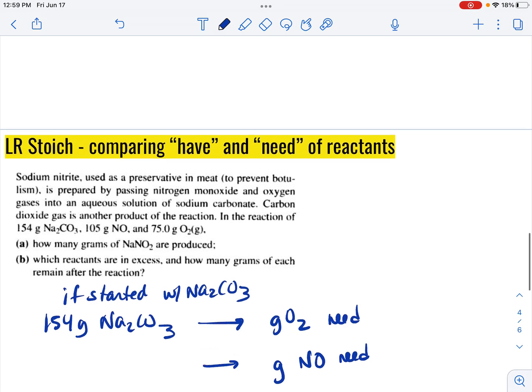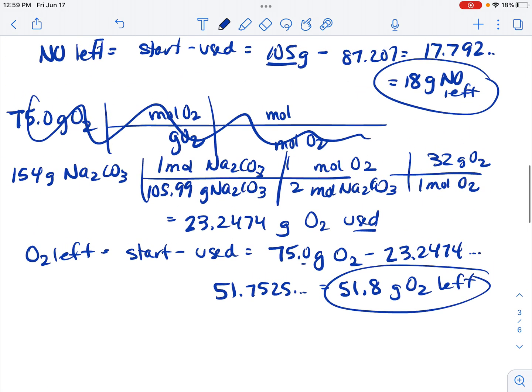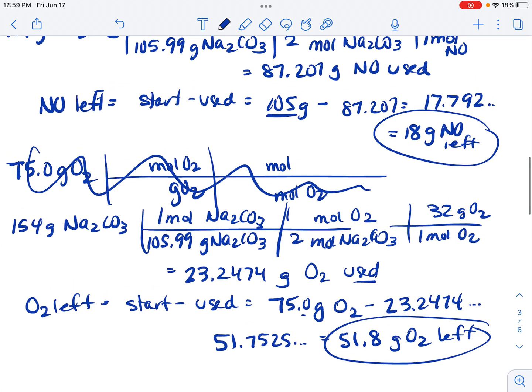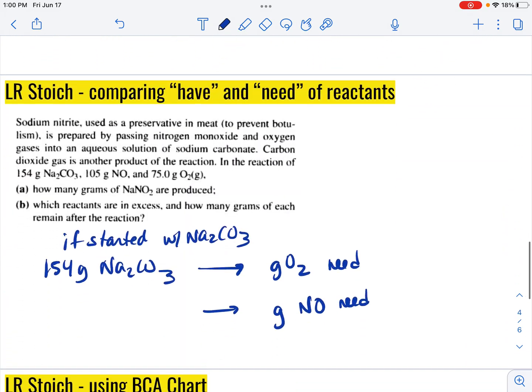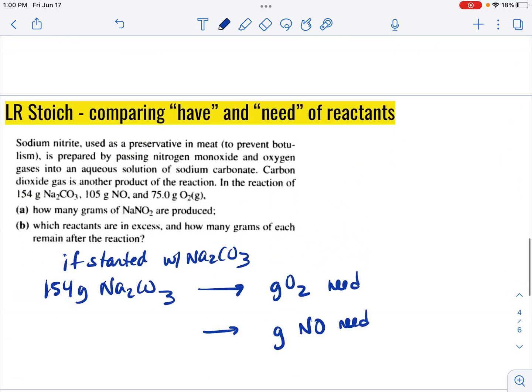Okay, so I already have that math up here. I'm not going to make you look at all this math again. This grams of O2 that I used and this grams of NO that I used are the amount that I would need. Okay, so let's come down here and talk about how you do that comparison.